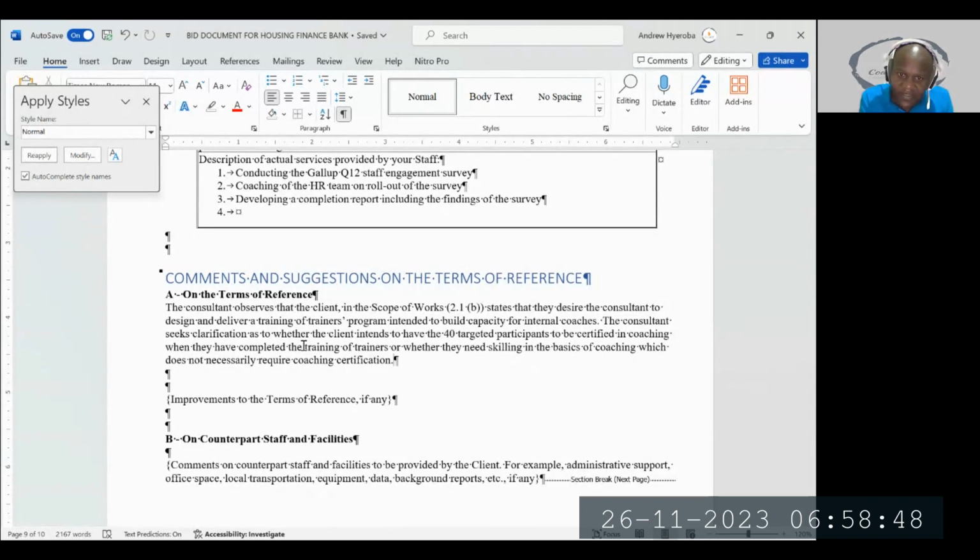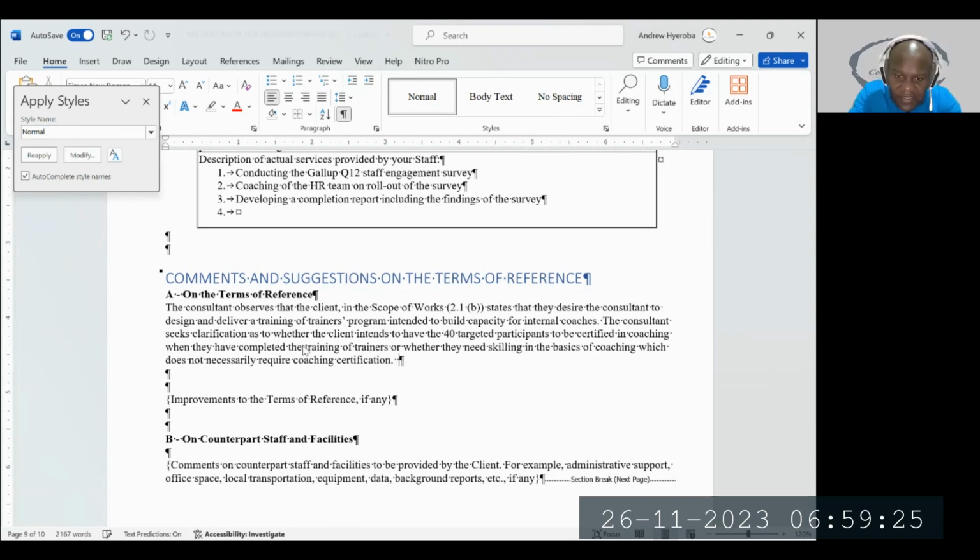If that is the case, then yes, we can provide you the basic skills required in conducting coaching. But if you need training of trainers to produce certified coaches, then we'll have to refer you to a coaching academy that is certified to provide certified coaching. That already means they've pushed out every other competitor and restricted the competition to coaching training providers, not necessarily coaches.